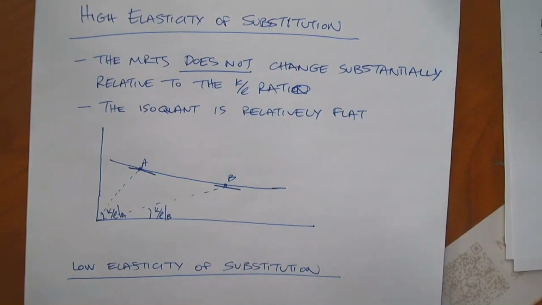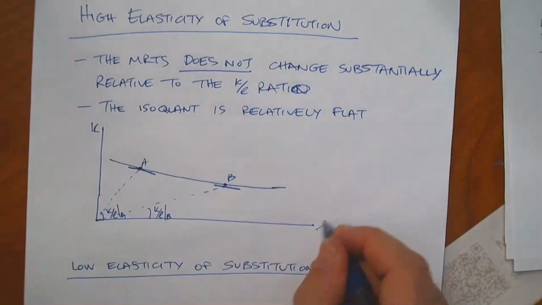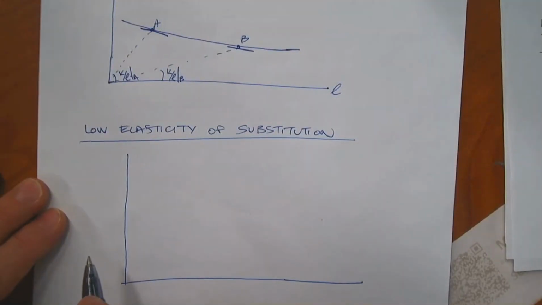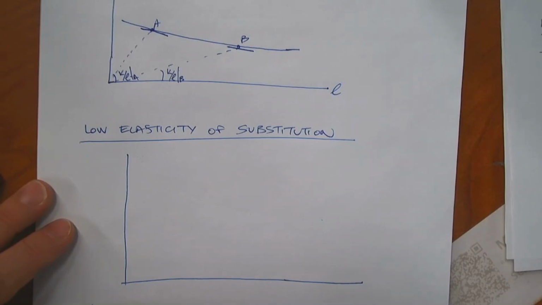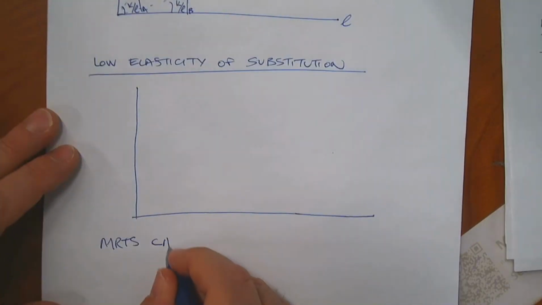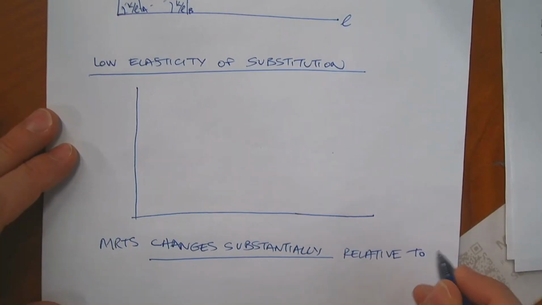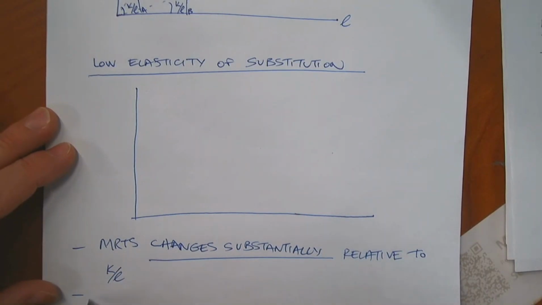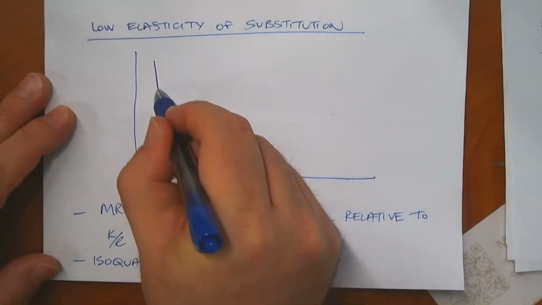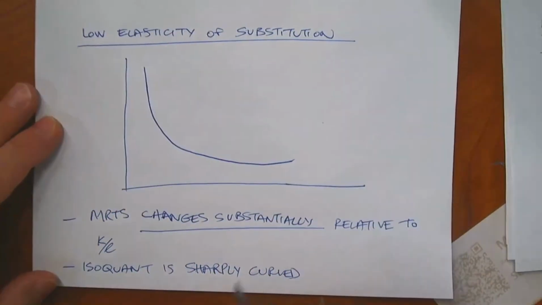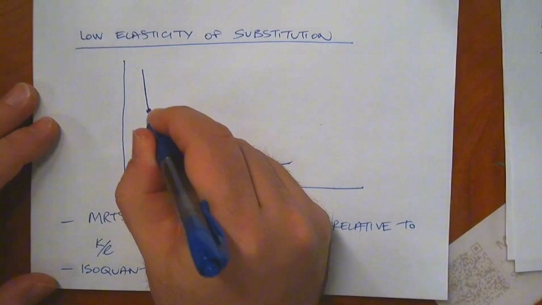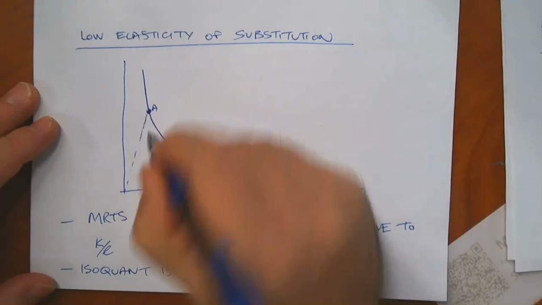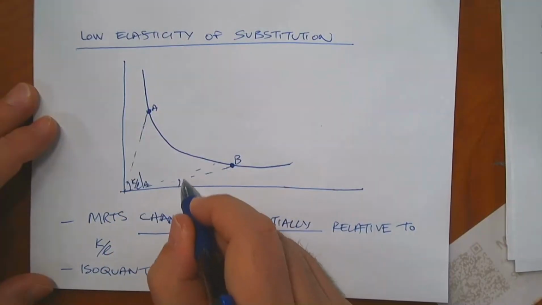So this example, the next one, sorry, I should have measured the average. This example over here is going to show you the low elasticity. So I should have said over here the MRTS changes substantially relative to K over L. The isoquant is sharply curved, so you would have a higher degree of curvature. You see that? If you were going to go from point A to point B, here is the capital to labor ratio.